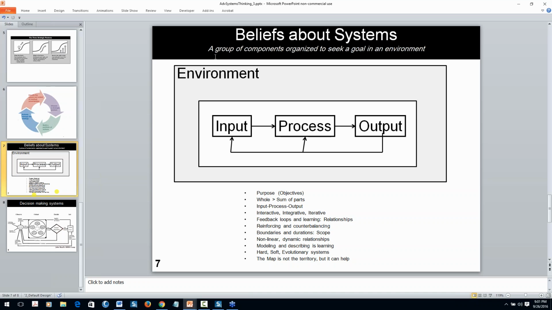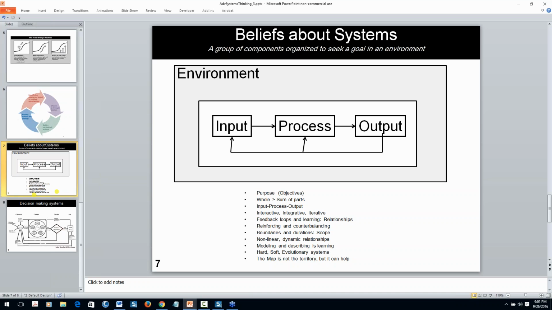That whole thing operates inside an environment that has a direct effect on that system, but which that system cannot completely control. It might have some influence in form of feedback, but it doesn't. It's a tail that doesn't wag the dog.